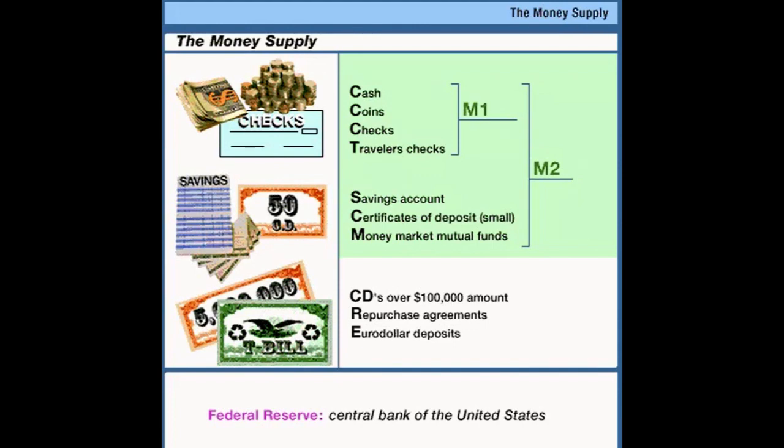These repurchase agreements are secured by treasury bills. That is, the bank gives IBM treasury bills overnight in exchange for IBM's checking account. In the morning, the transaction is reversed. The treasury bills go back to the bank, and IBM gets their checking account to do their business transactions with.